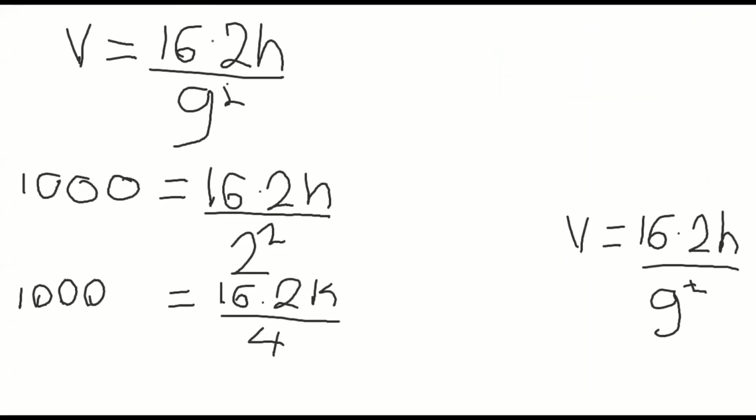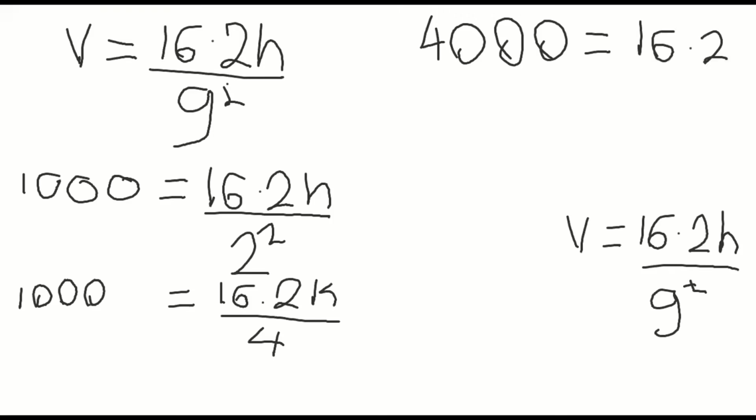When you multiply both sides by 4, it becomes 4,000 is equal to 16.2H. Sorry, H. Mistake. 16.2H.